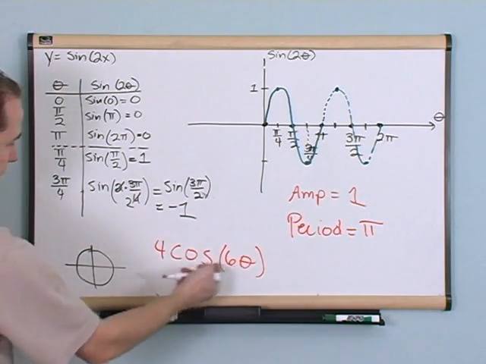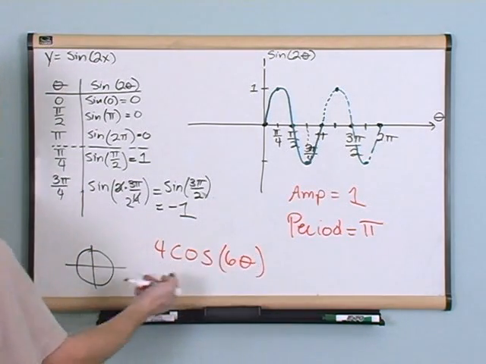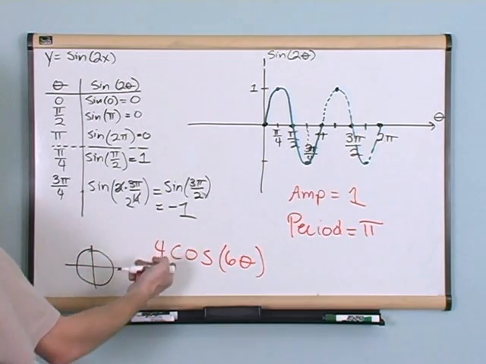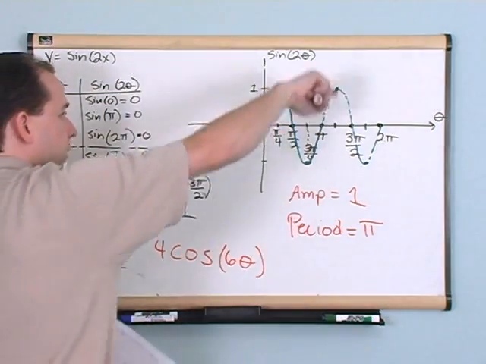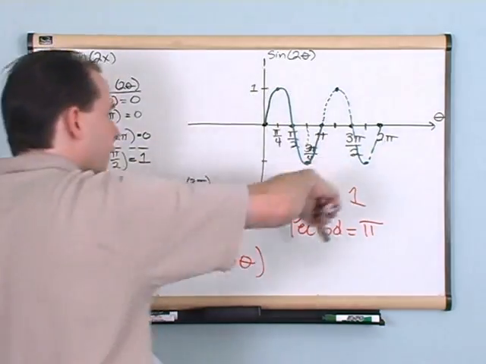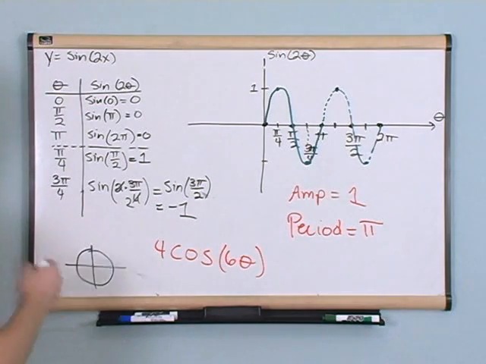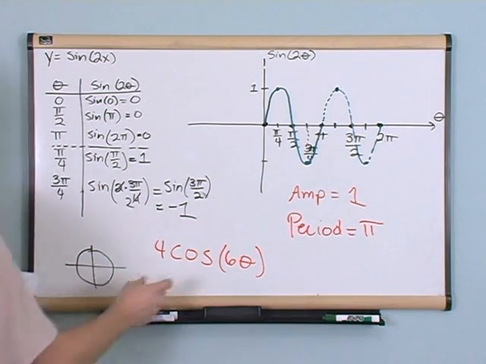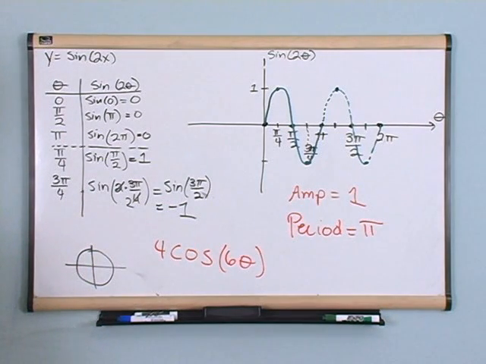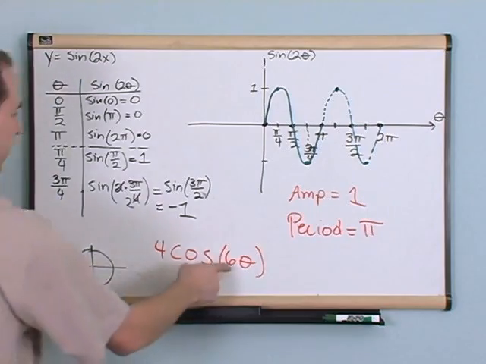And of course you can have problems that change both at the same time, like what I have here. In this case, if I were plotting this, I would have a cosine function that goes from 4 to negative 4 and back, and on top of that, I would get 6 complete cycles in a 2 pi period. And so that's how you go about plotting these things. You look at your knowledge of the cosine and sine functions initially, and you use these modifiers to plot it.